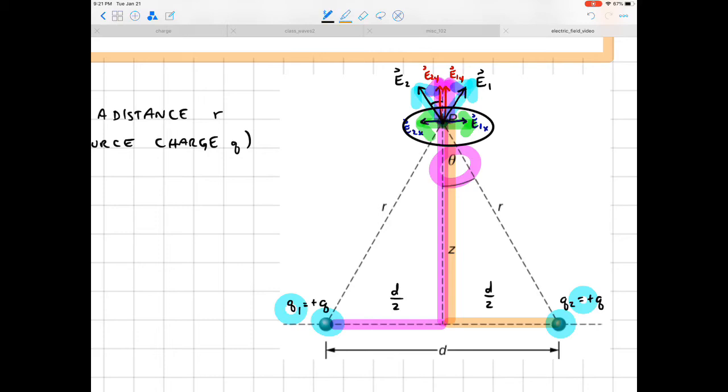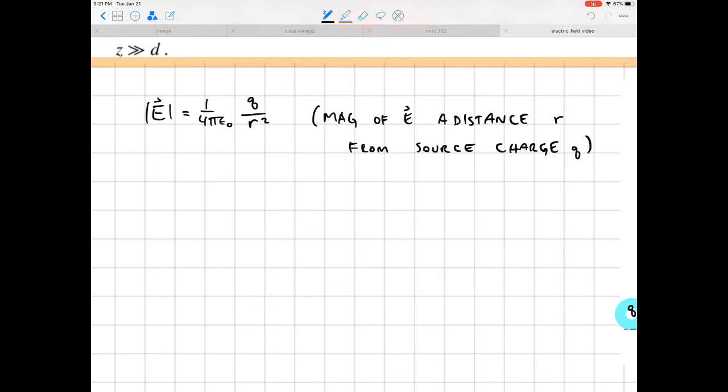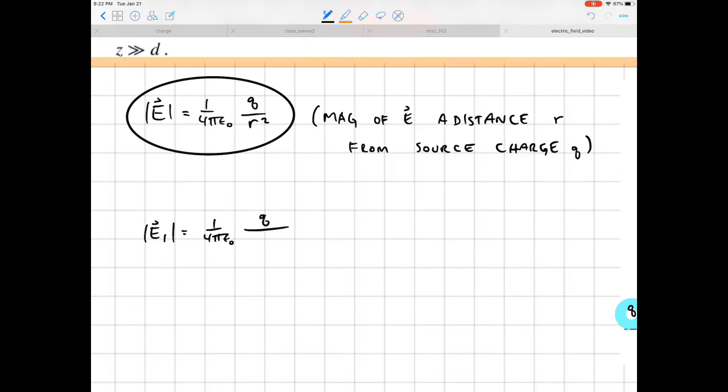So how do we find the magnitude of the electric field of a point charge? Well, we just use this expression right here. So the magnitude of E1 is going to be 1 over 4 pi epsilon naught Q over R squared. But what is R squared equal to?